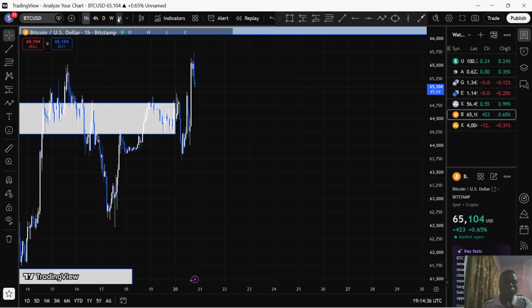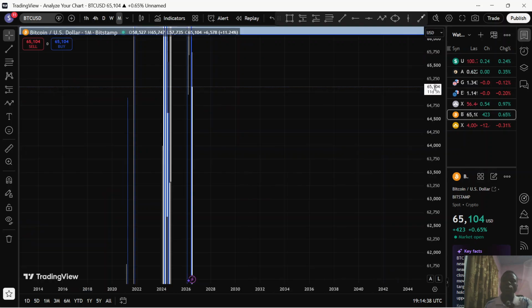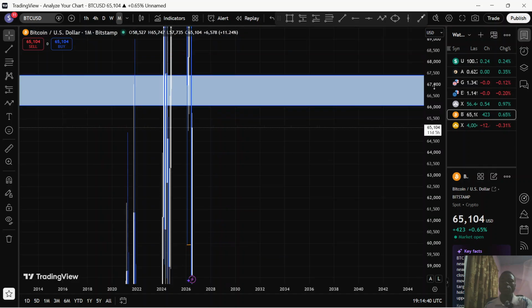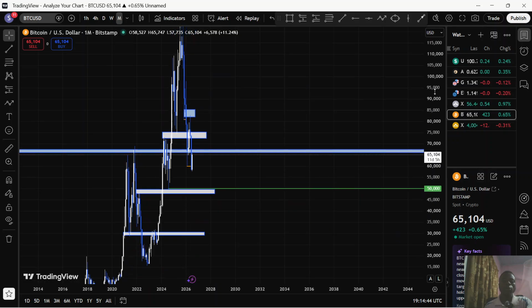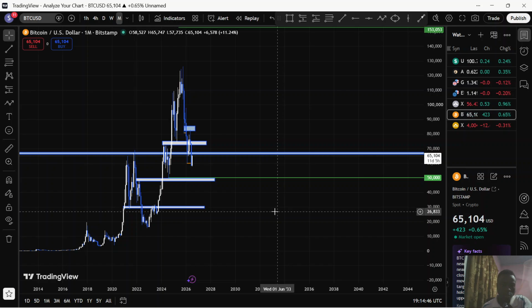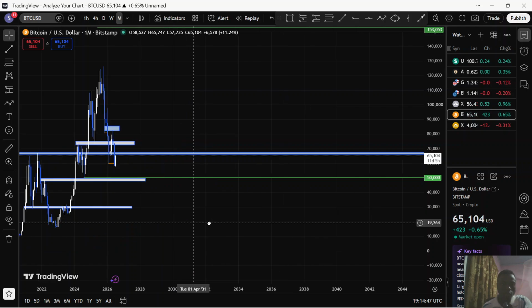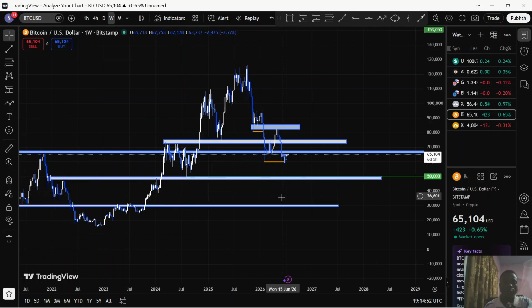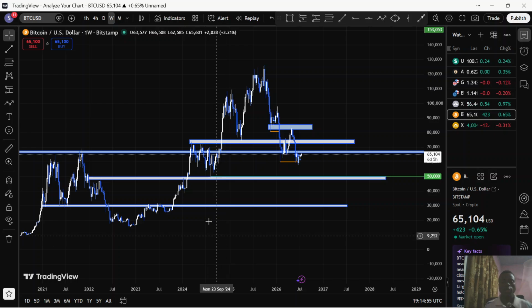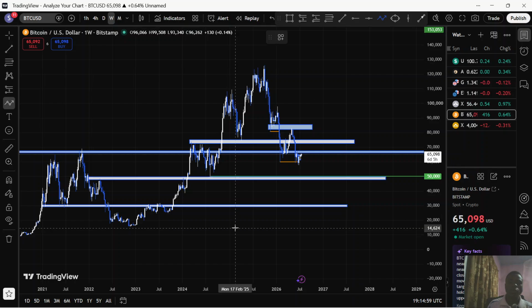Okay, now on BTC USD, let's take it all the way from the monthly time frame. Looking at the monthly, you won't have enough information, so let's drop it down to the weekly. Perfect. So here on the weekly, just follow me so these zones won't confuse you.